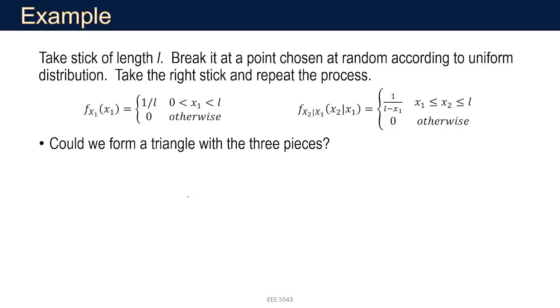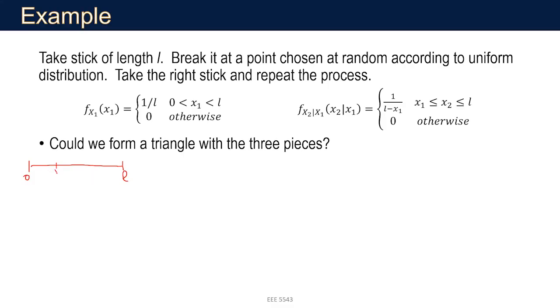There's another question we might ask about this problem, and that is whether or not the three sticks we get form a triangle. The three sticks we get are the following. We have from 0 to L our original stick.